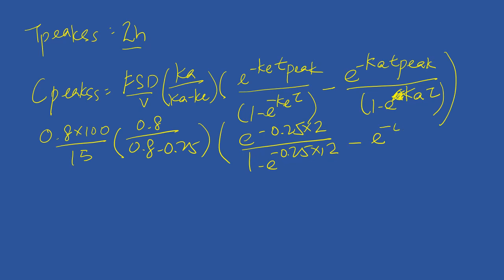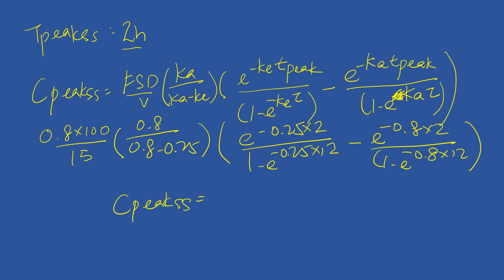This is Ka, 0.8 multiplied by 2, 1 minus 0.8 multiplied by 12. With that, the C-peak during the steady state is 3.39 mg per liter.